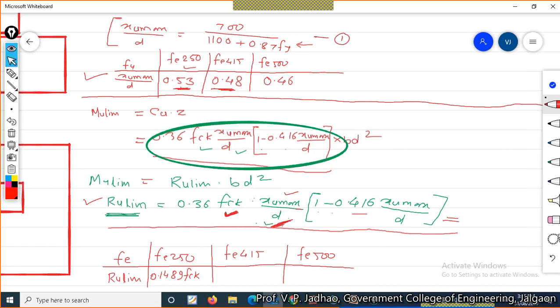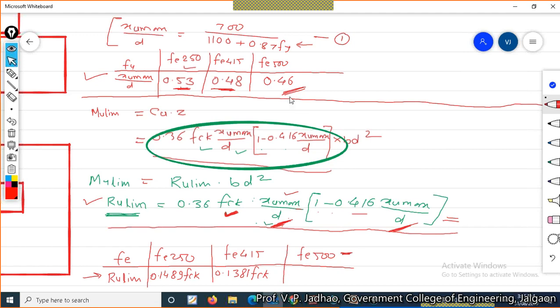For Fe 415, the value of Ru limiting is equal to 0.1381 into fck. And again, we know the value of xu max upon d for Fe 500 is equal to 0.46.